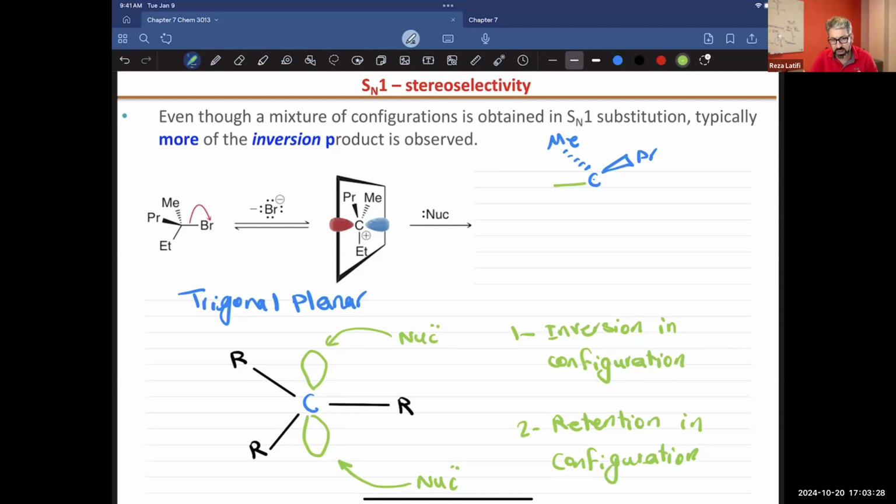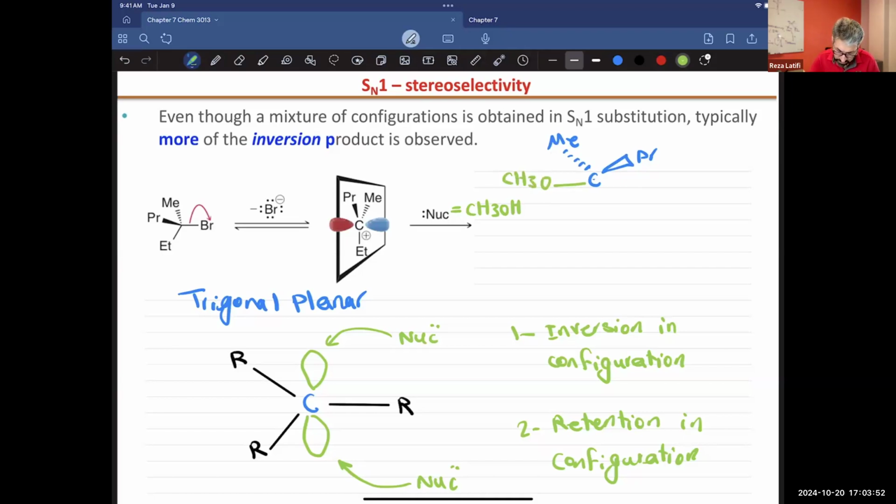Let's say our nucleophile is, actually, we should go maybe with CH3OH, so we're going to have methoxide technically attached there.